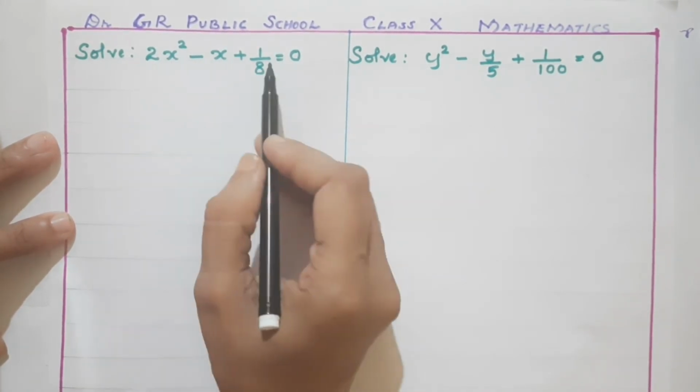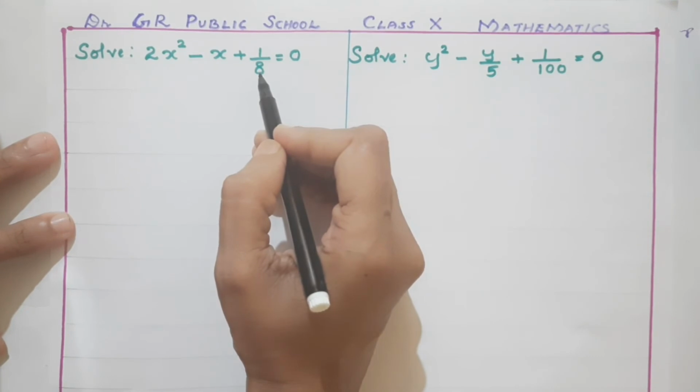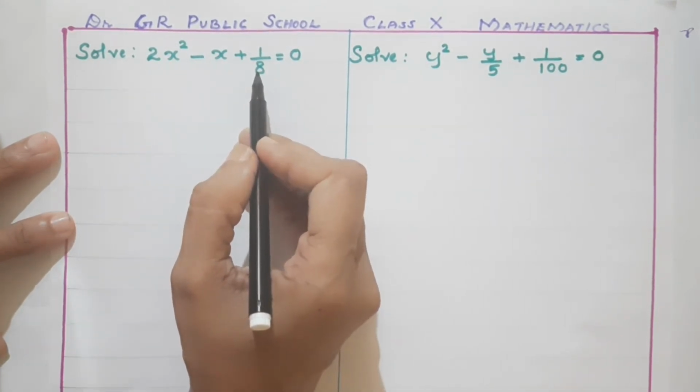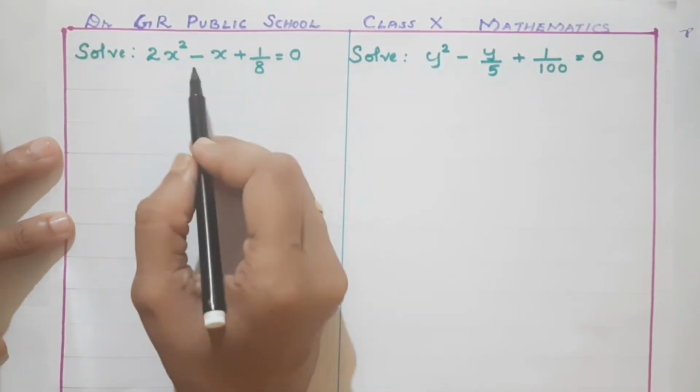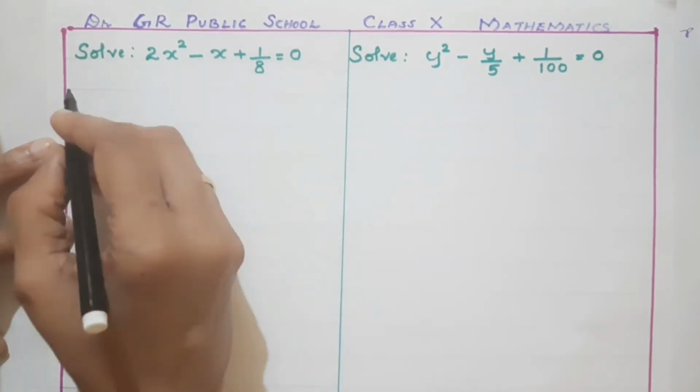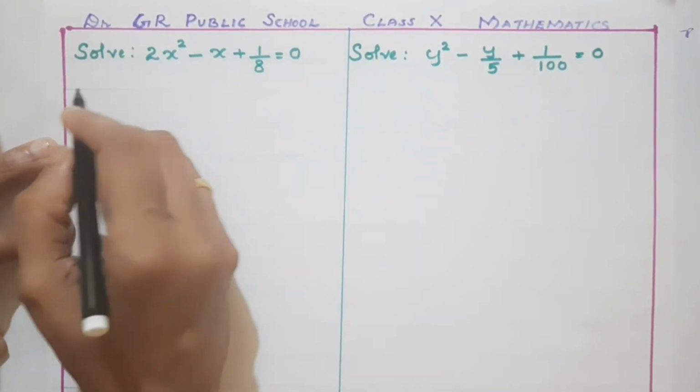Here what is the rational number? 1 by 8. Only one denominator. So what we have to do? We have to multiply each and every term by this denominator. So I am going to multiply each and every term by 8.